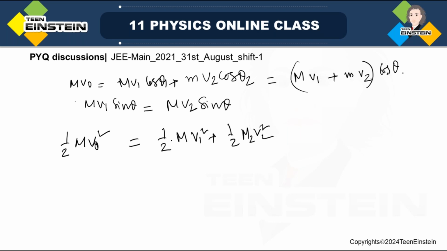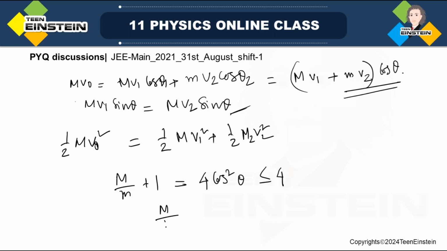Now substituting v2 and v0, I'll get the relations from the earlier equations, and we get M by small m plus something equal to 4 cos square theta, which is actually less than or equal to 4. So M by m will be less than or equal to 3.